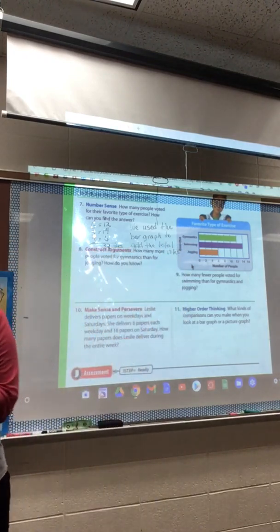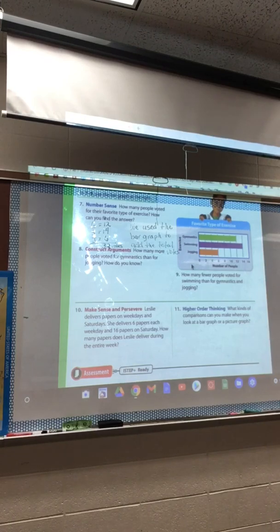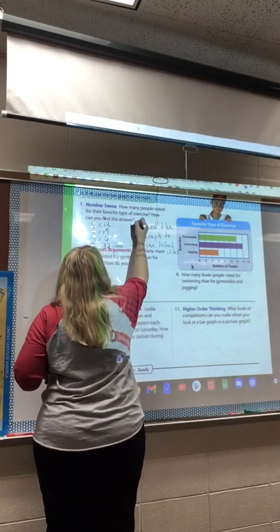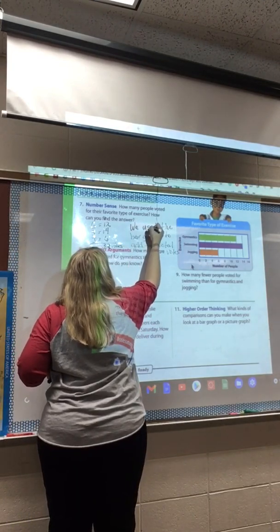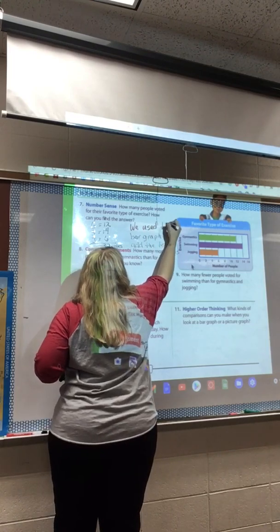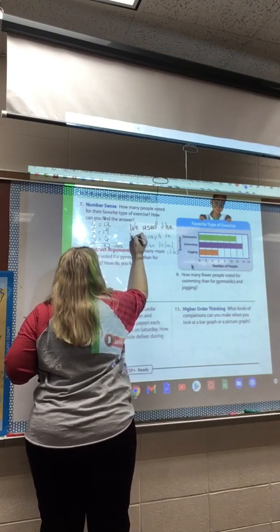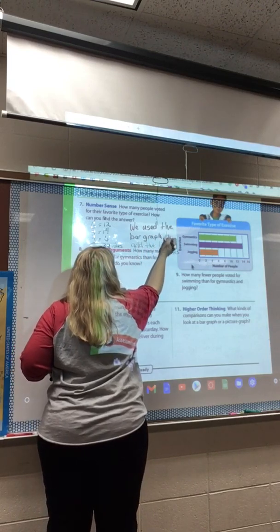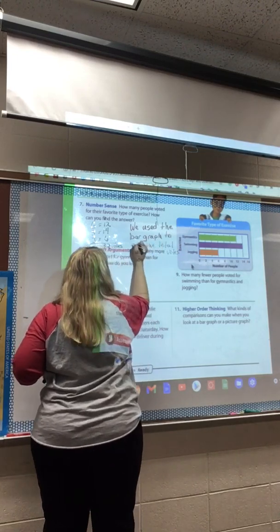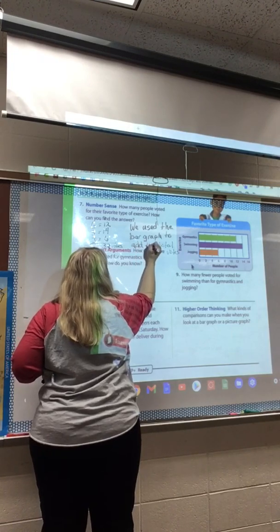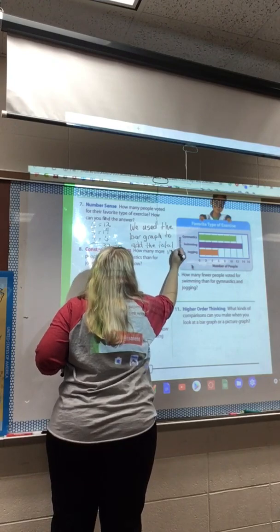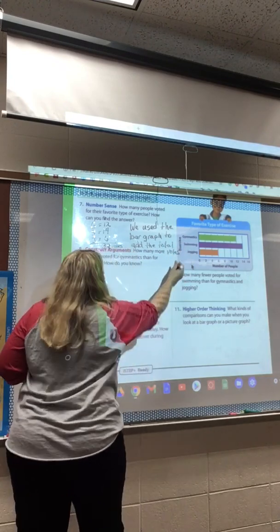I have to get a different marker. We use the bar graph to add the total votes. Great. Okay?